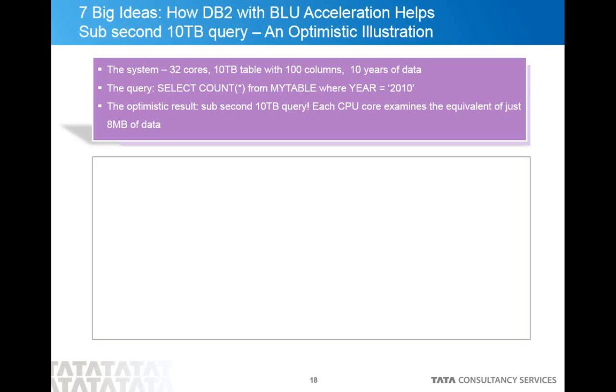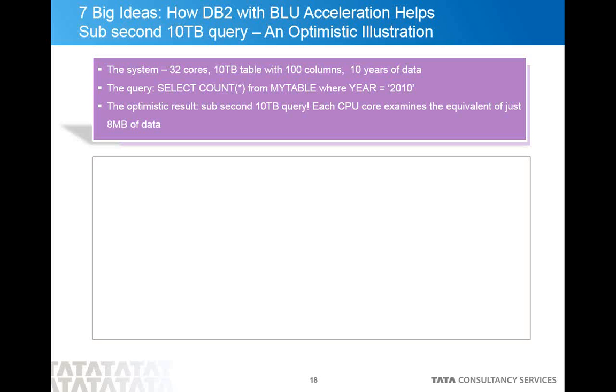Let's take the scenario where we have 32 cores of processor, and we have a 10 terabyte table with a relatively wide number of columns, say 100 columns, and it stores 10 years of data. Now the database stores 10 terabytes of raw data, and the analyst is willing to execute the query: select count star from my table where year equals 2010.